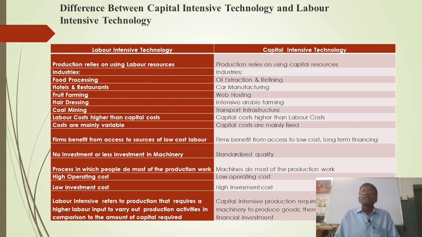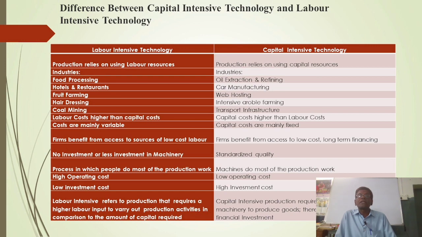Let us see the difference between these two methods, capital intensive and labor intensive technologies. In labor intensive technology, production relies on using labor resources, whereas in capital intensive technology, production relies on using capital resources.